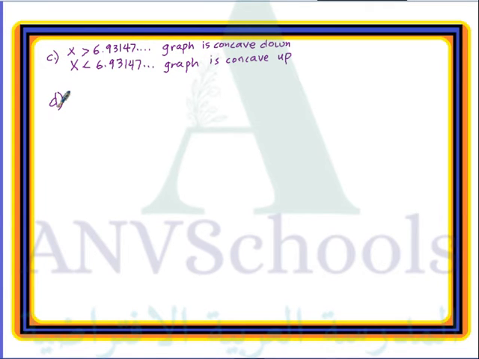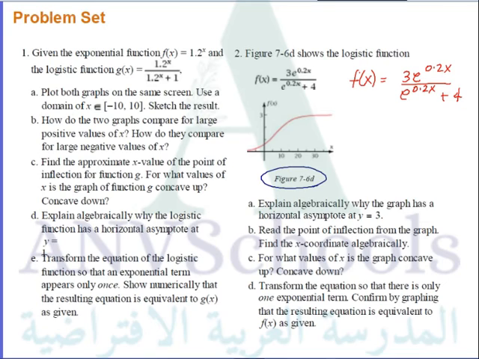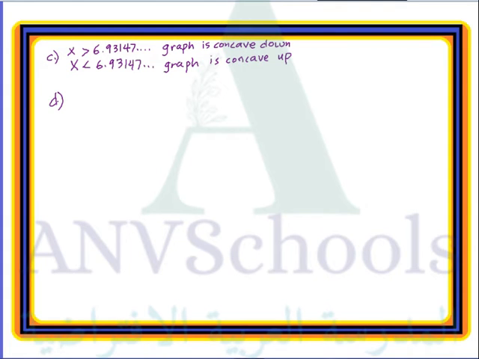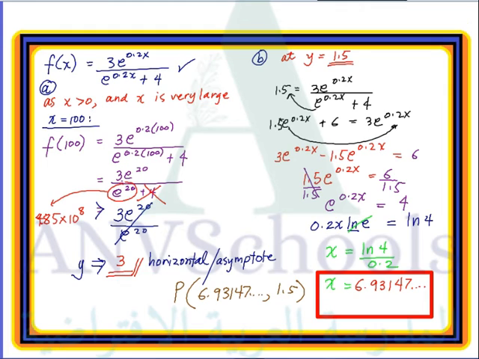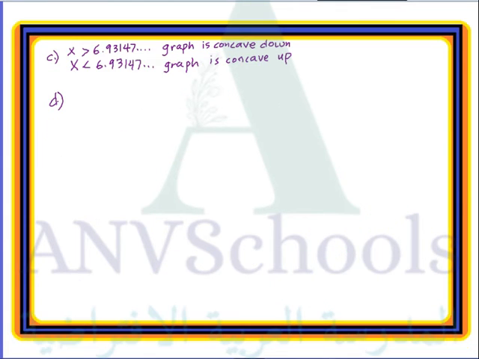For letter D, the question is: transform the equation so that there is only one exponential term. Confirm by graphing that the resulting equation is equivalent to f of x as given. So, what is the given again? 3e raised to 0.2x.